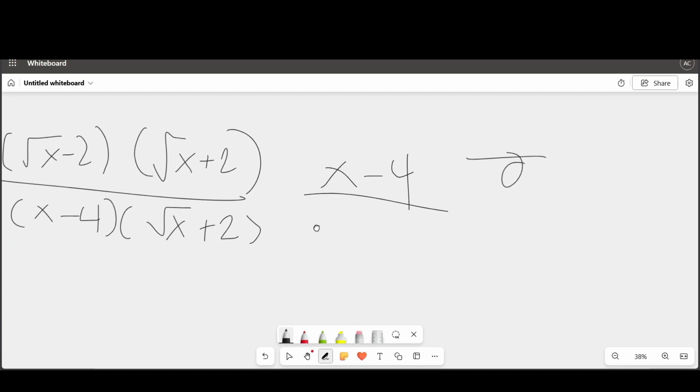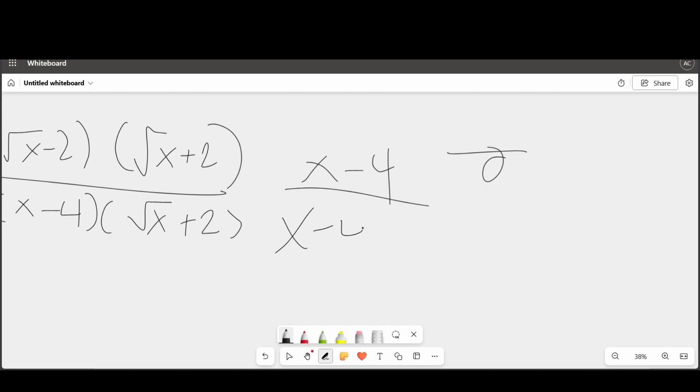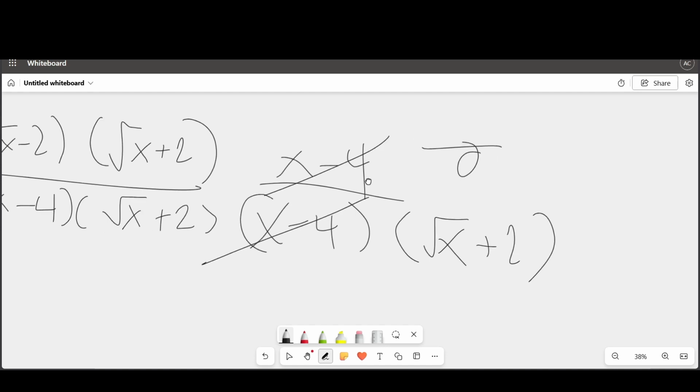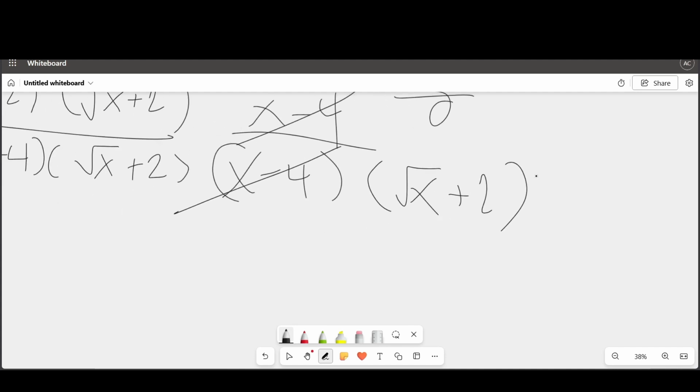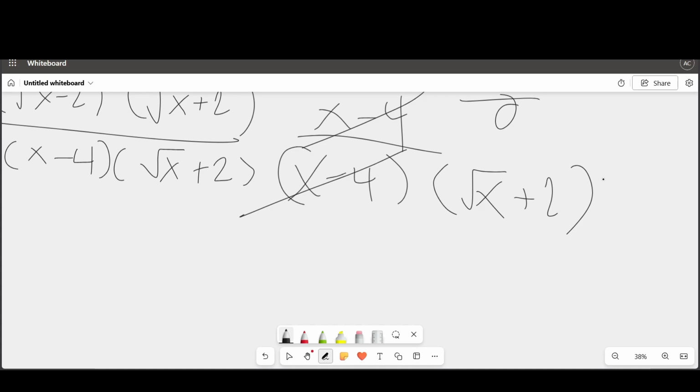I don't know, but let's not delve too deep into that. Okay, so let's just go x minus 4, then we have square root of x plus 2, and then we remove the common factors, and we're left with 1 over square root of x plus 2.